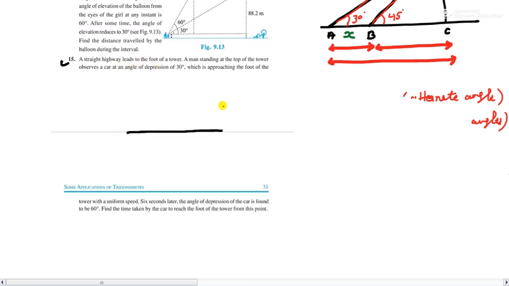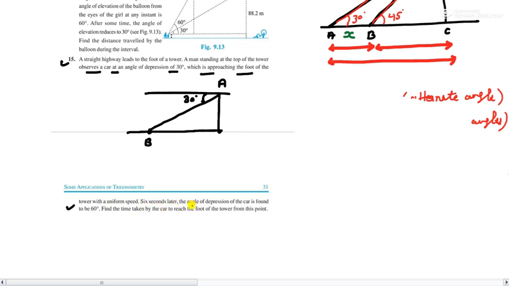Okay, so let this be the straight highway, this be the tower. A man standing on top of the tower observes a car at an angle of depression 30 degree. So there is a man, imagine he is standing over here, there is a car over here, he looks at it, the angle of depression is 30, and the car at B is approaching the foot of the tower with a uniform speed.